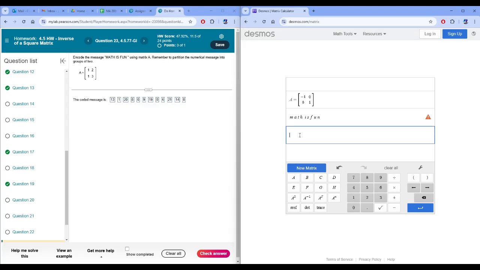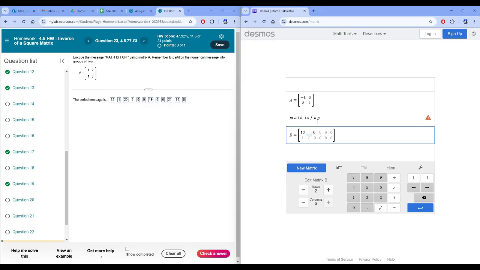Here I need a 1, 2, 3, 4, 5, 6, 7, 8, 9, 10, 11, 12. We need a 2 by 6. I need 2 rows by 6 columns, and this one's going to be 13, and then it goes 20, and then 0. Oh, snap. Why does it go that way? 13, and then down here should be 1.